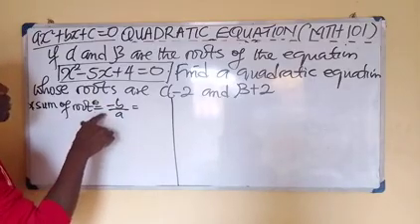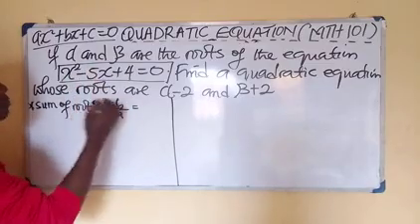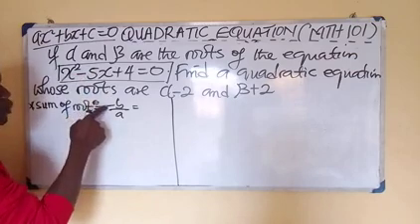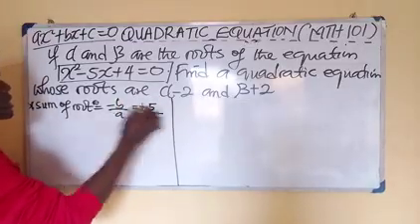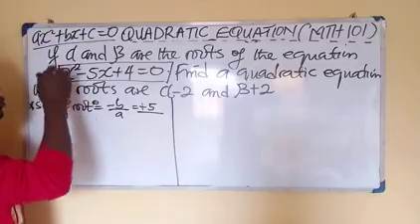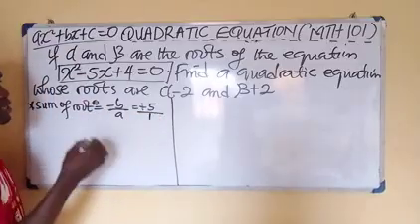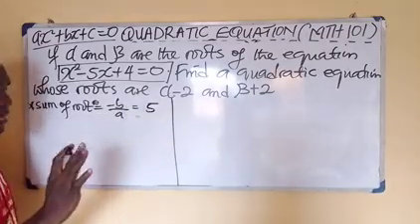What's occupying the position of b is 5, so it becomes minus 5, which becomes plus 5. Then there's an invisible 1, the coefficient of x squared, so it's 5 over 1, the same thing as saying 5 only.